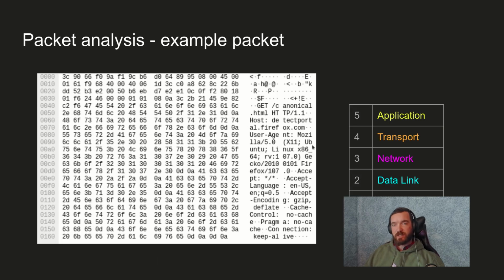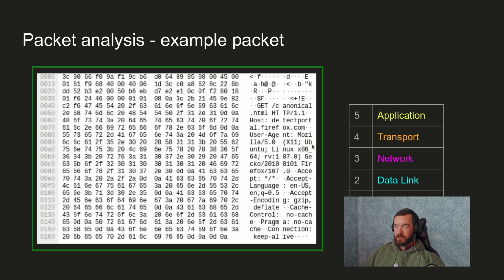Now I'll actually delineate each layer of this hex dump. The whole thing is the physical layer because the physical signals were converted to bits. But that first line in the hex dump is the data link information.